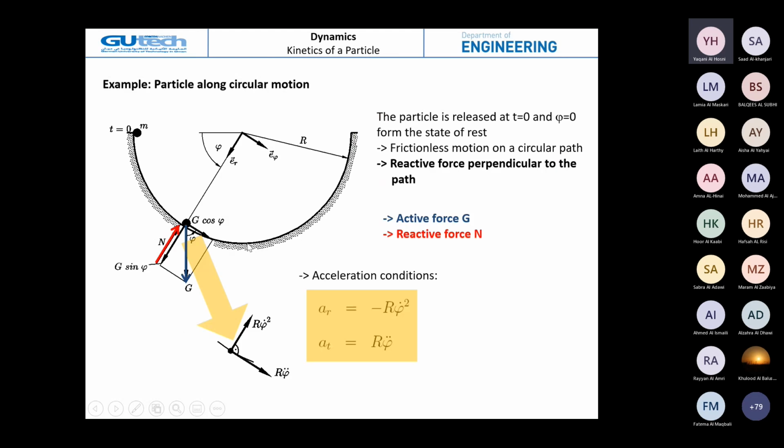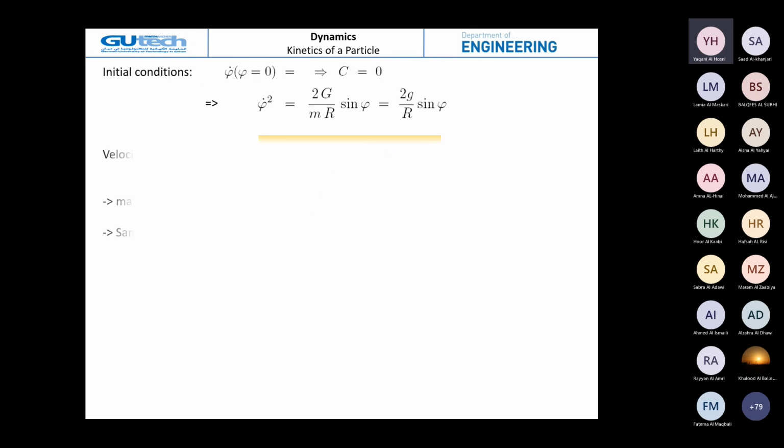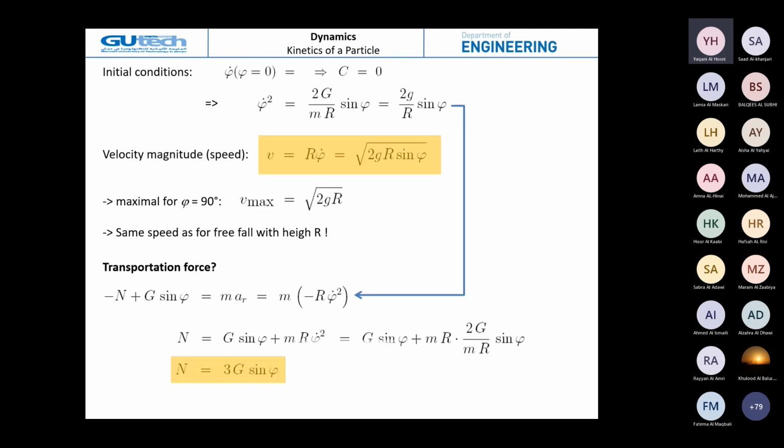That means at this position, when the mass m comes to phi equal to 90 degrees, we have N reaching the maximum, equal to 3 times the gravitational force. The gravitational force is only the mass multiplied by g, the gravitational acceleration.